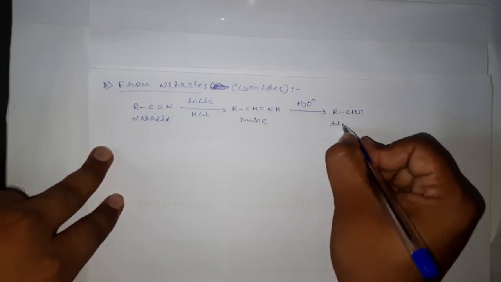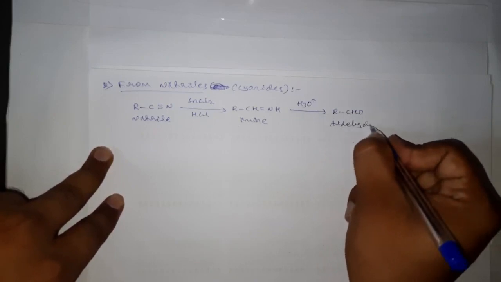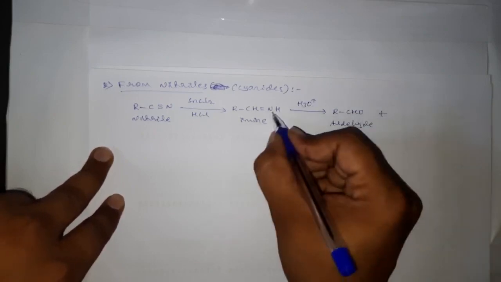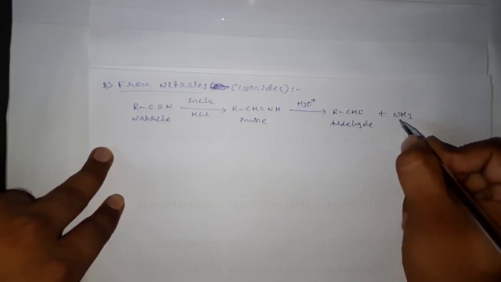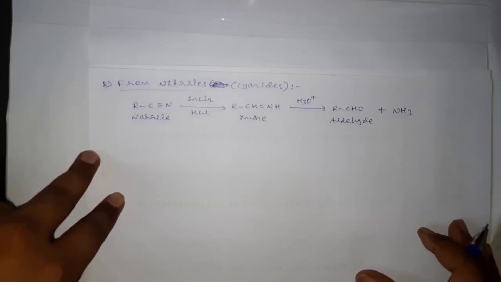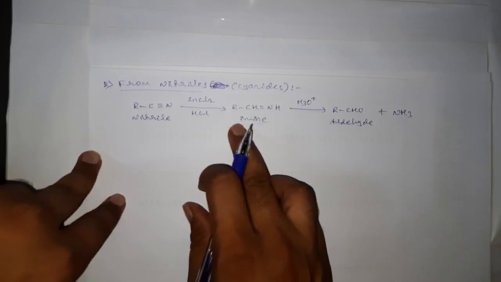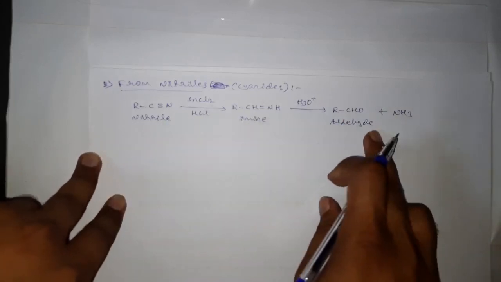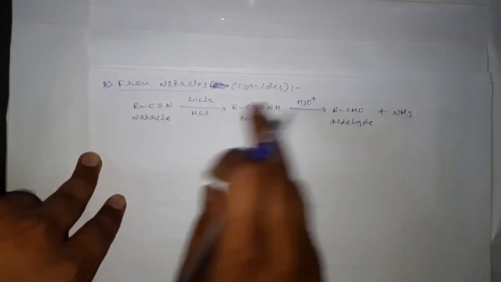that is aldehyde, plus, and after this one we will get ammonia, that is NH3. This is the conversion of nitriles into aldehydes, or the preparation of aldehydes from nitriles.